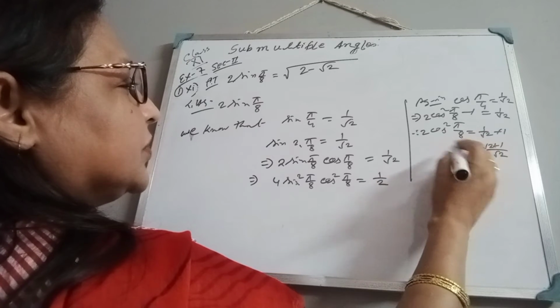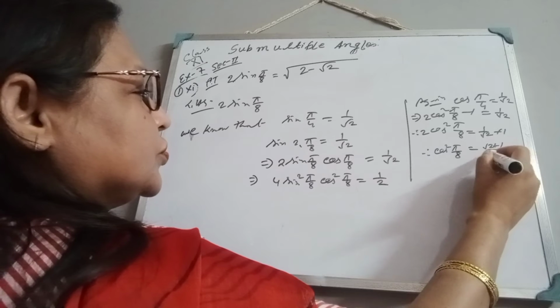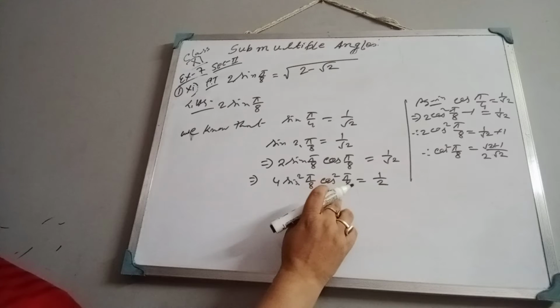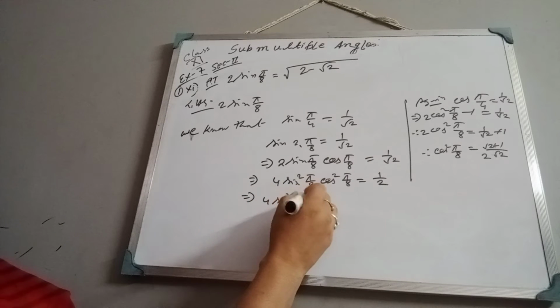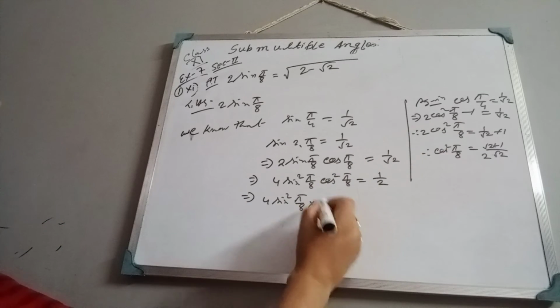Therefore, cos square pi by 8 equals root 2 plus 1 by 2 root 2. Okay. So 2 cos square pi by 8 is coming this. Therefore, 4 sine square pi by 8 into cos square pi by 8, just put the value here.